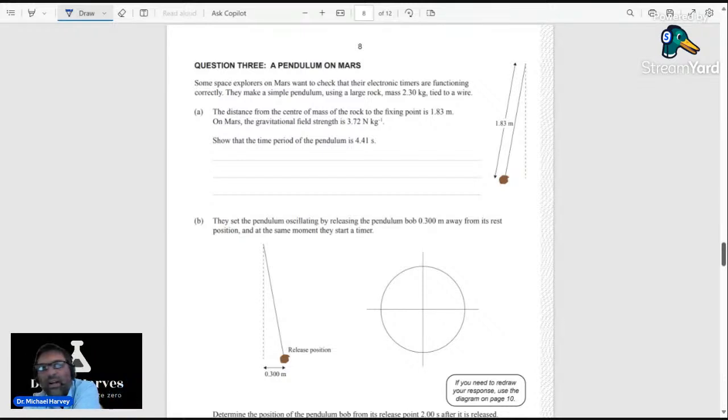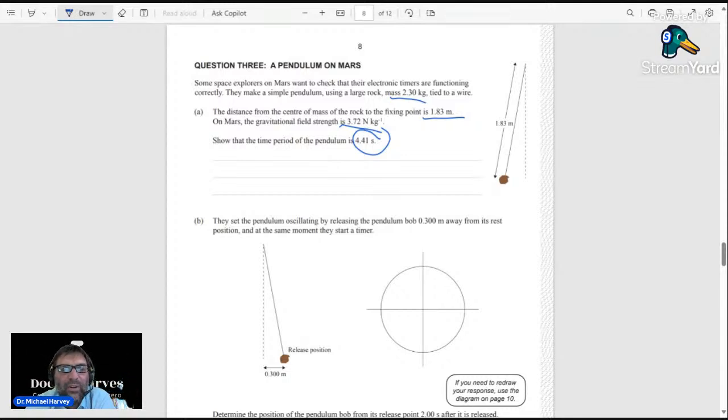On Mars, the gravitational field strength, so let's get through what we need. We've got something to do with time. The mass is 2.3. The distance from the center of mass of the rock is 1.83 meters. Gravitational field strength 3.72. So basically, it's just showing the time period.